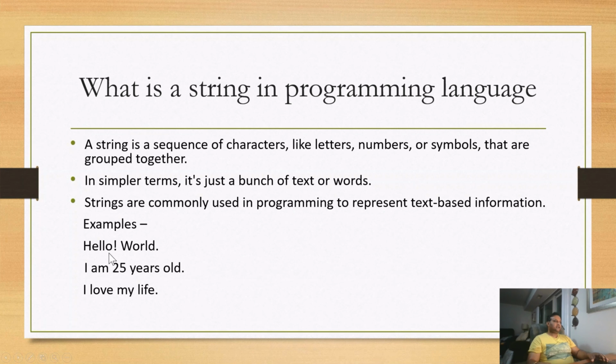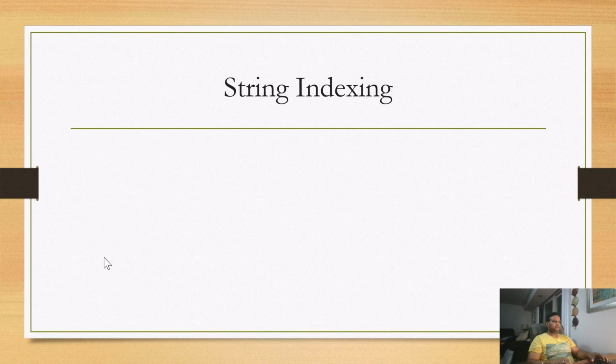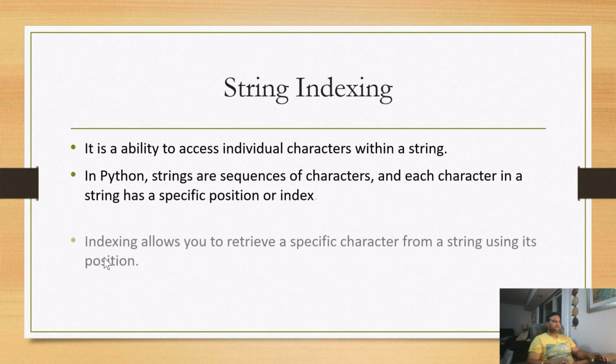So this entire "hello" is covered from 0 to 4. Indexing is nothing but the positioning of each and every character in the string, and you can utilize it to fetch that specific portion. Okay, so let me go back to this slide.